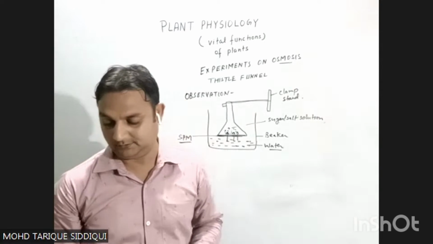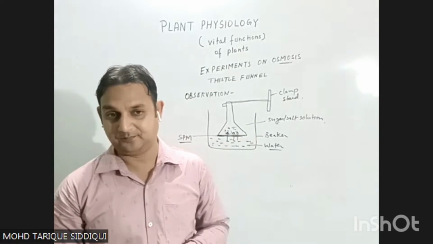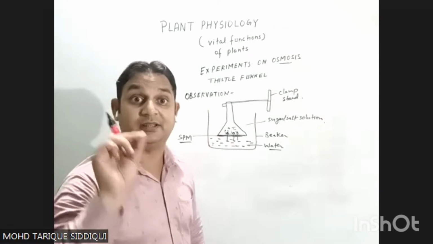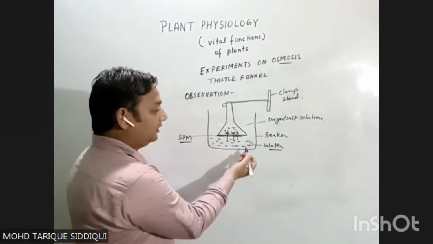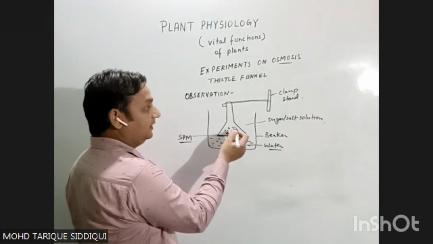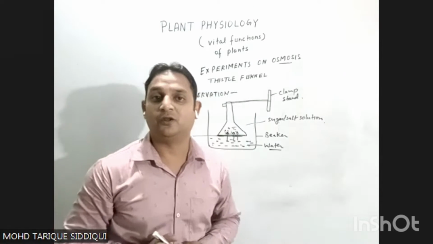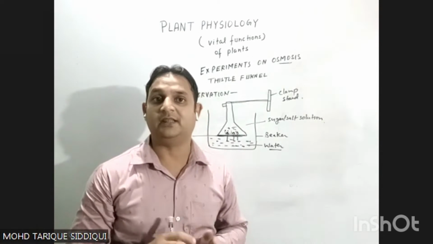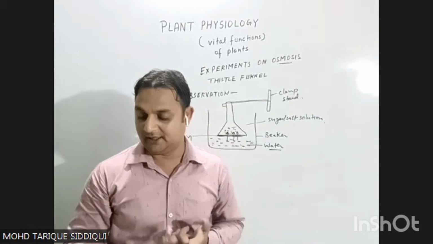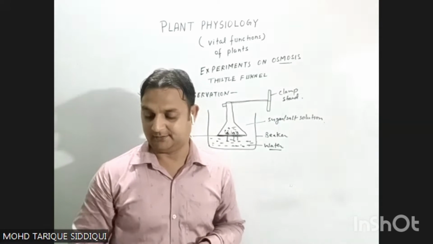And osmosis. What will happen? Always remember, what you see is the observation. So when the water is moving from the beaker into the Thistle funnel, the observation is that the level of sugar or salt solution in the Thistle funnel increases.